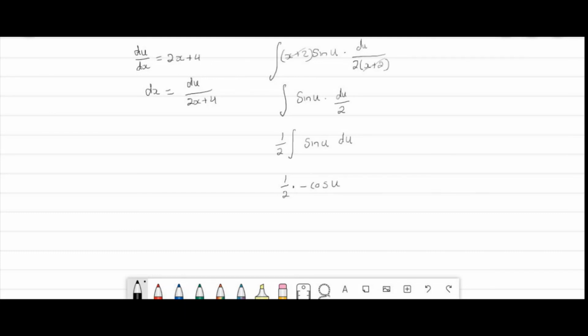So I can substitute and say my final answer is negative 1 over 2 cos, where I see u, I will substitute x squared plus 4x minus 6, plus c. So this will be our final answer.